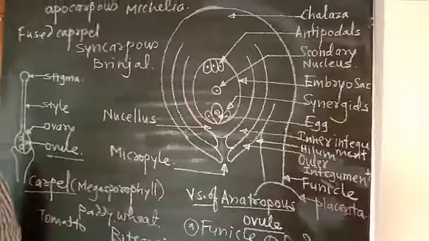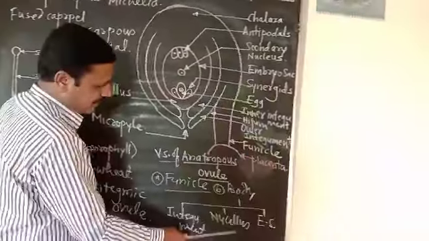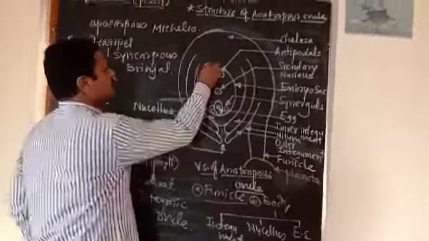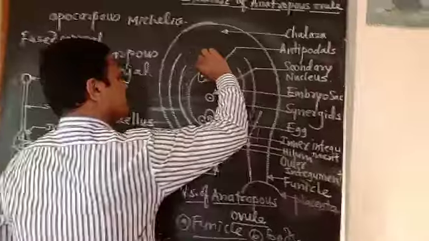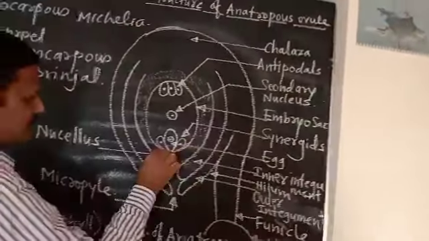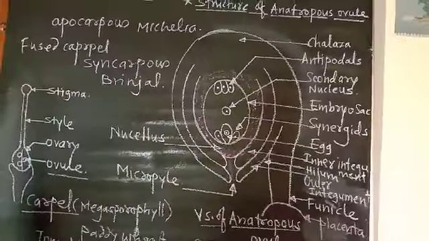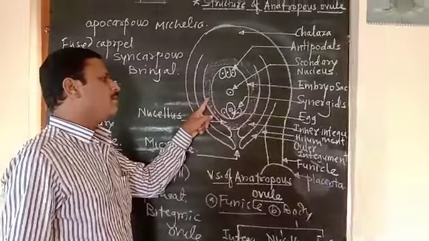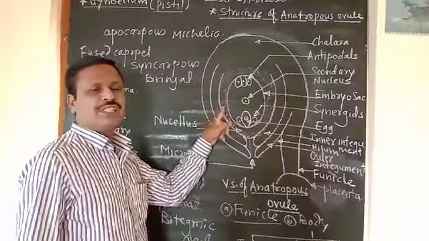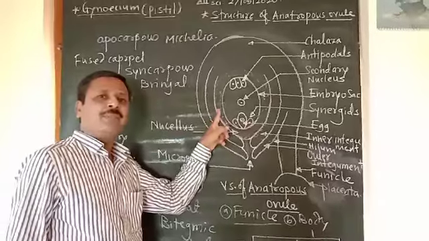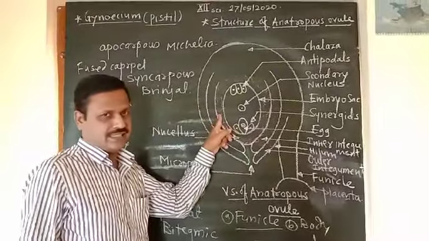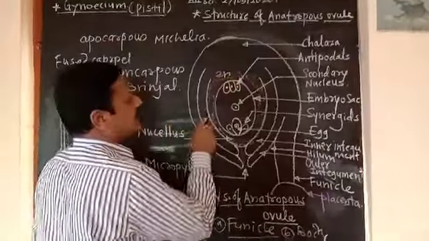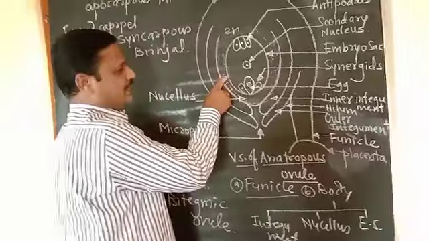Then we are going to discuss the next part of the body, that is nucellus. This part is nucellus. Nucellus is the central mass of the ovule, which is made up of many diploid parenchymatous cells.